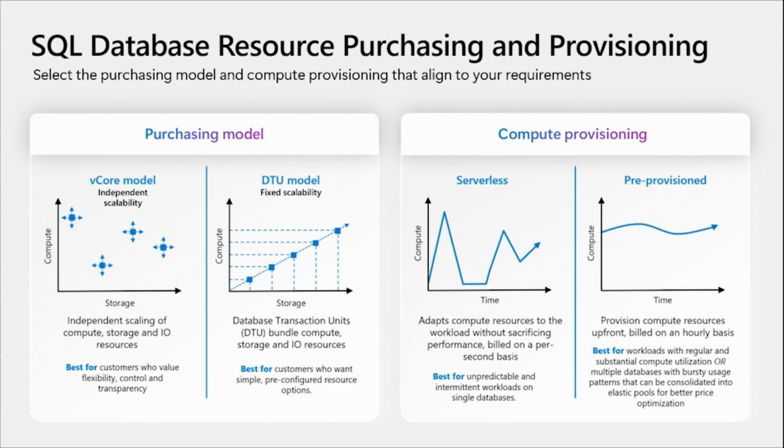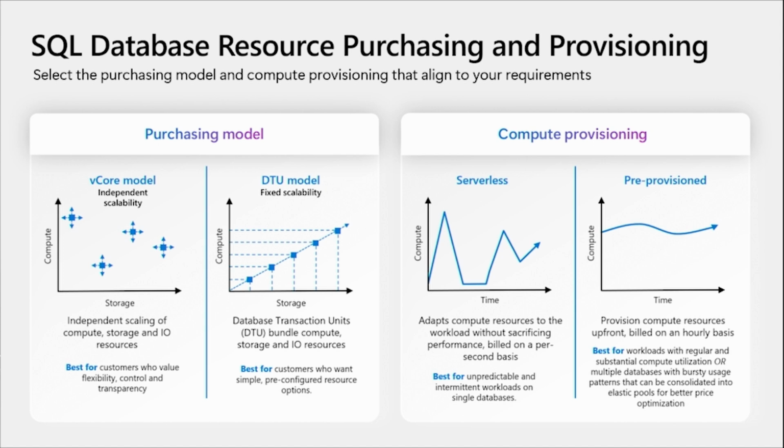So we introduced the vCore model, which allows you to scale your compute and your storage independently of one another. Now, there is some inherent tie between memory and compute. For example, you can only have so much memory associated with one vCore, think one CPU. So if you need really extreme amounts of memory, you might need more vCores.